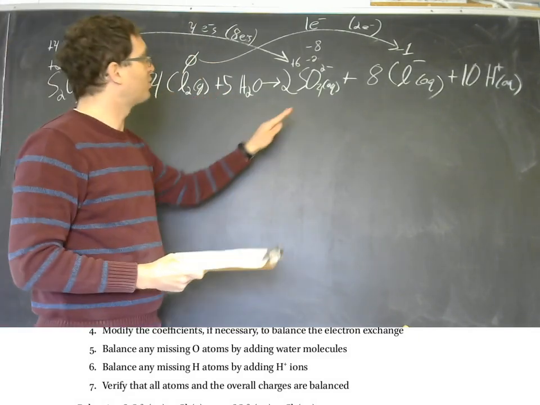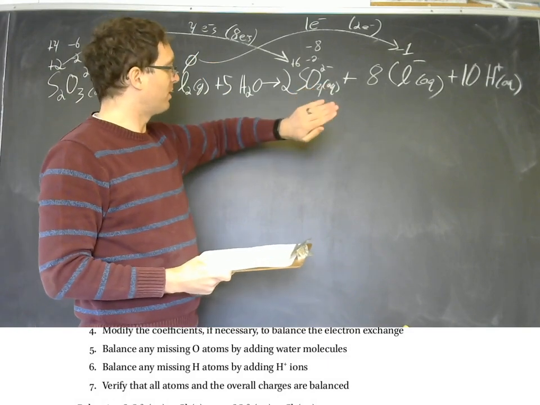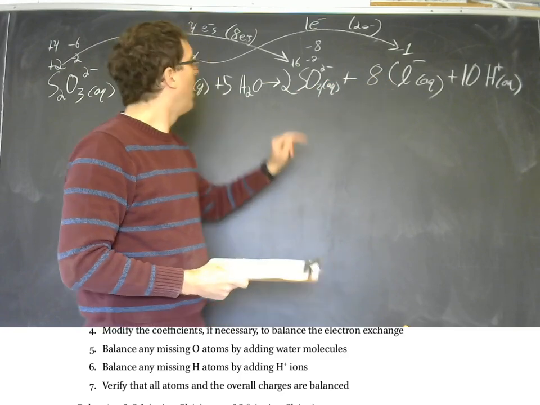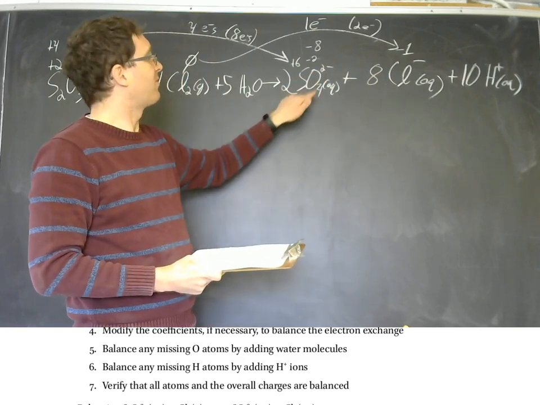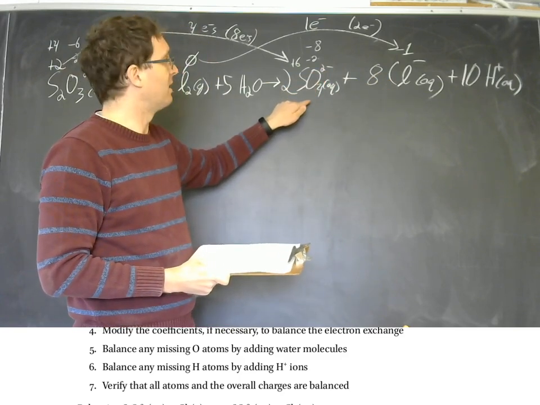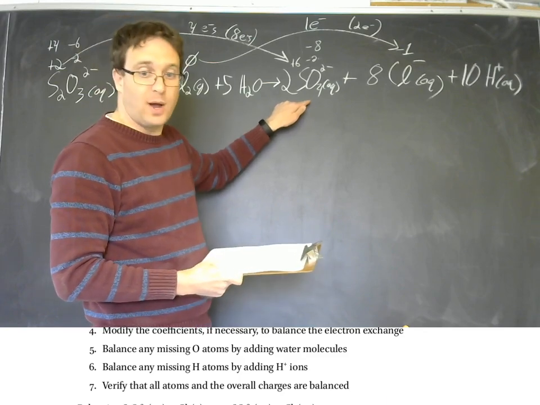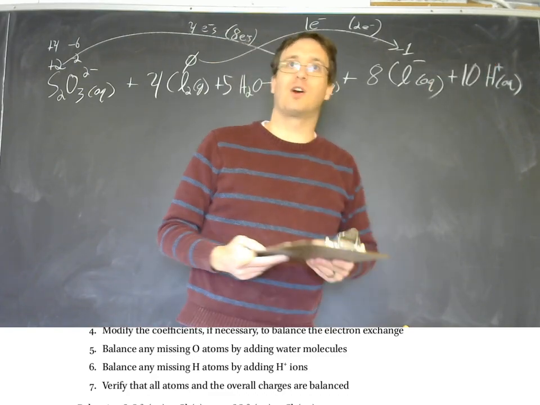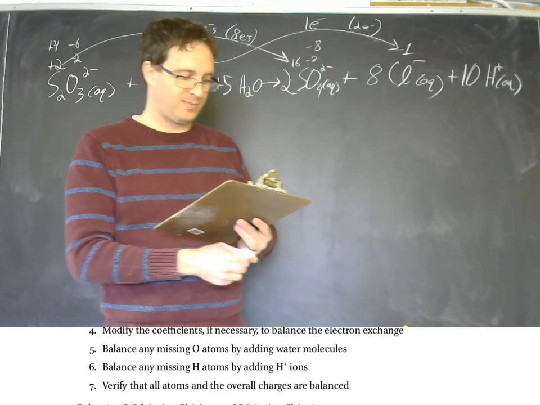The overall charge on the right side is also going to be 2- when you consider 8- from the chlorine, and then 2- from each of the sulfates is going to be a total of 12-, and then the 10 H+'s give us 2- overall. So the charge does indeed balance.